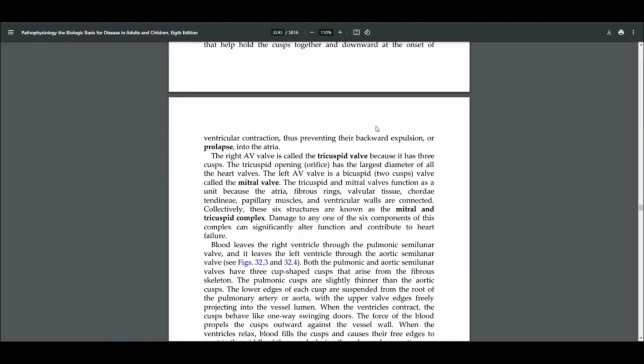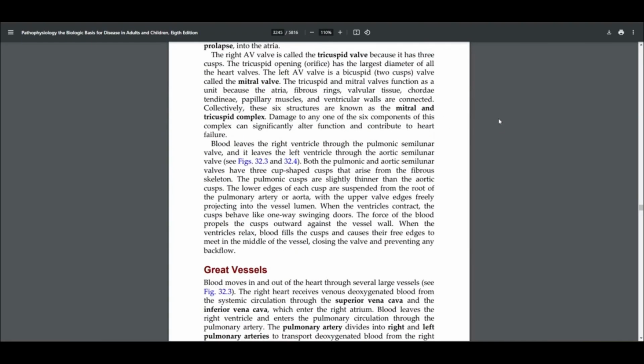The right AV valve is called the tricuspid valve because it has three cusps. The tricuspid opening, or orifice, has the largest diameter of all the heart valves. The left AV valve is a bicuspid, or two cusps, valve called the mitral valve.